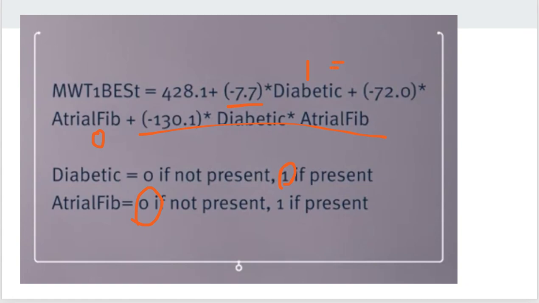Then the walking distance equals 428 minus 7.7, which is around 420.4. That is the average walking distance for a person who has diabetes but no atrial fib.